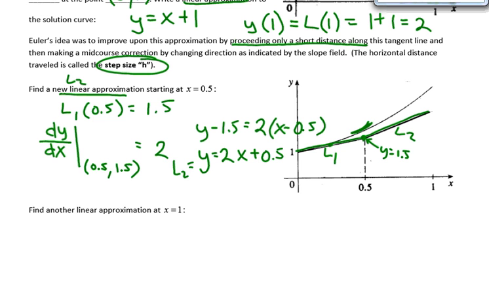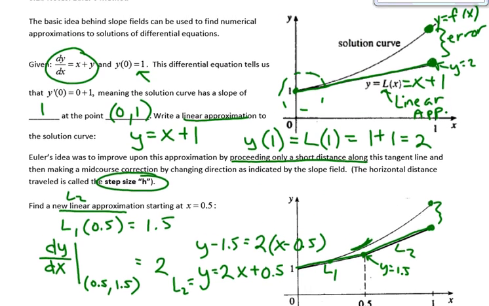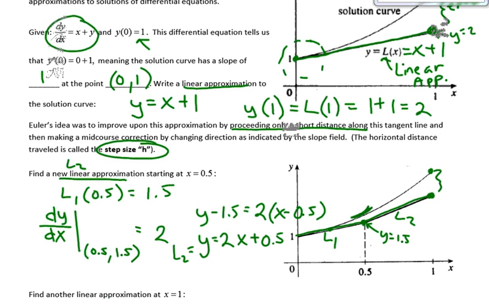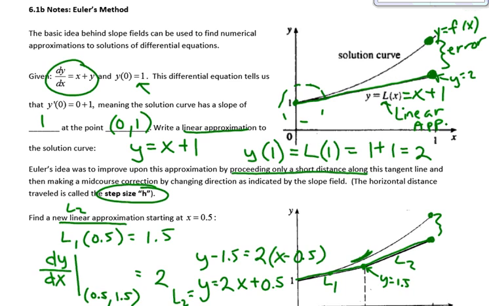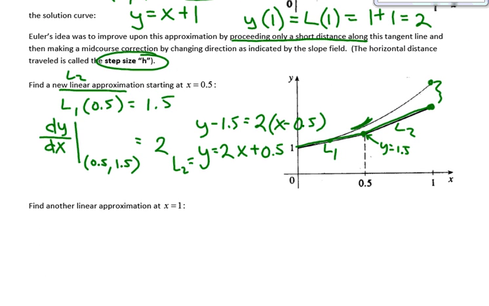So now, if I were to use this new approximation and wanted to figure out what our function was at 1, we'd actually have less of an error than if we had just used the first equation. In our first equation, we evaluated the value to be 2. But now if I use my new equation, L2 at 1 is equal to 2 plus 0.5. So we're getting closer with the value of 2.5.